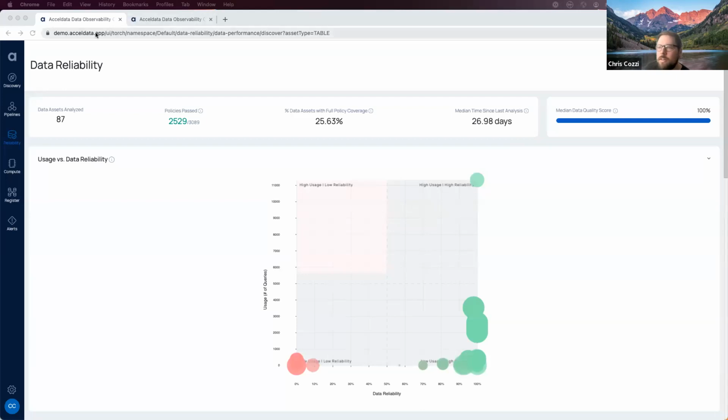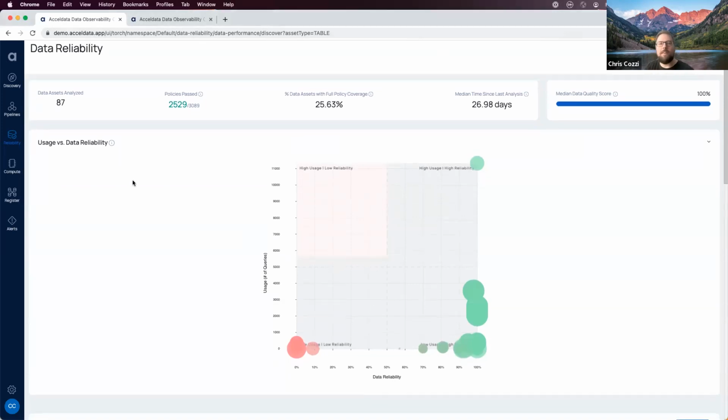So starting in the product area of data reliability, this is really where users go to understand the data in their platform, begin to observe it, and then start implementing reliability checks to ensure that data is of sufficient quality for its end users.